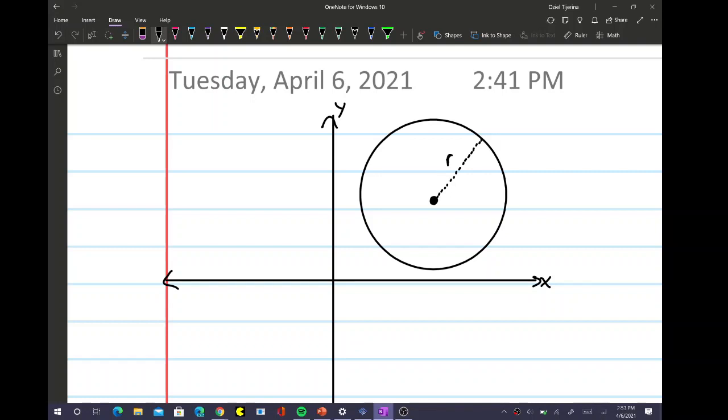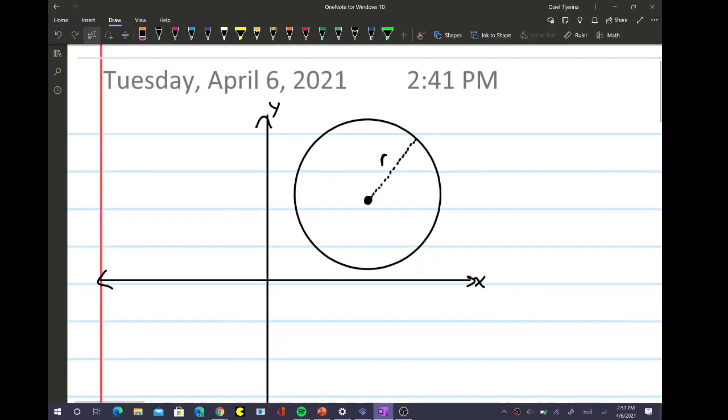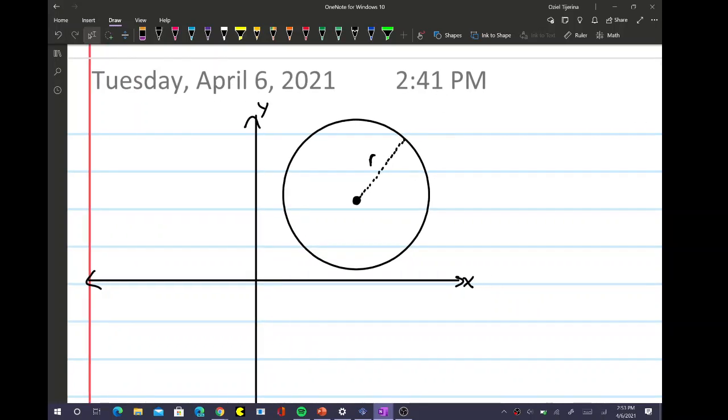And if you've taken trigonometry already, or if you learned about the unit circle in trigonometry, you would find that we can make a little right triangle here, right? Like I said, it's not drawn to scale, but I'm just doing my best at drawing.